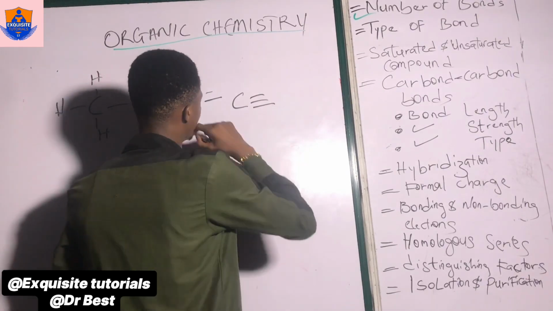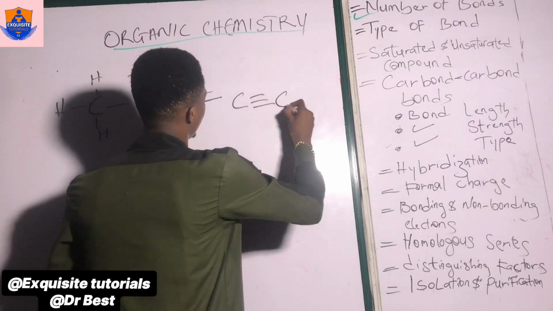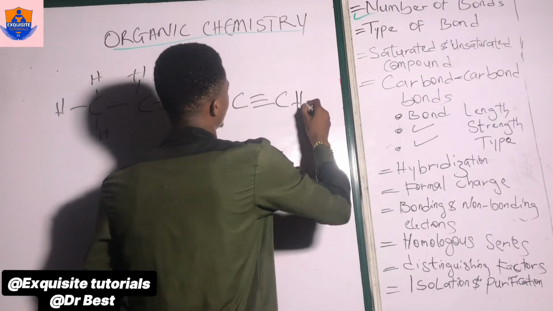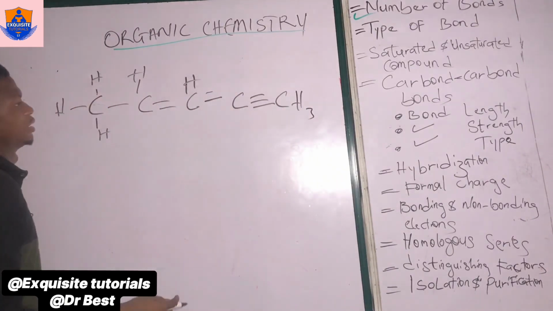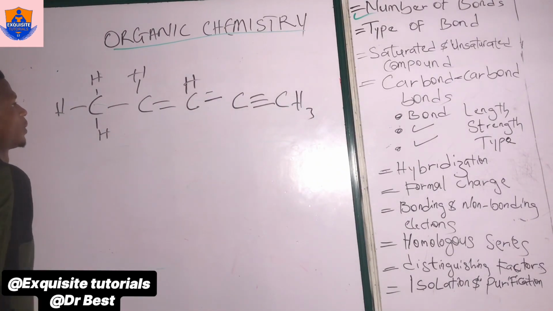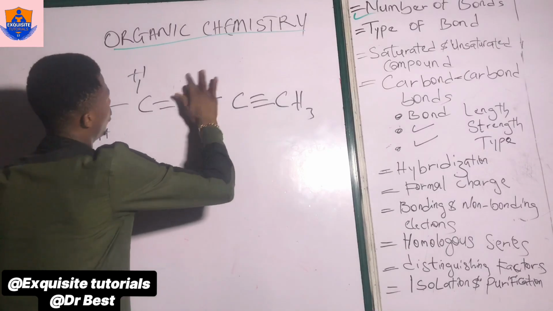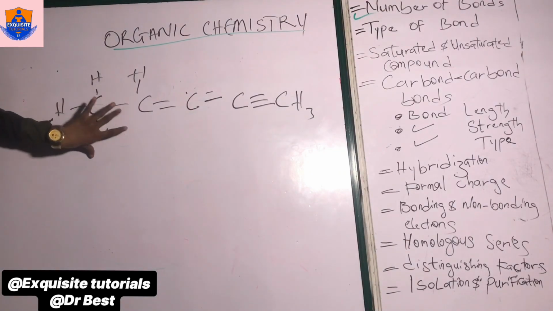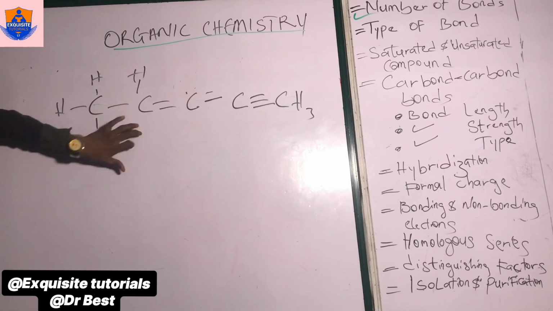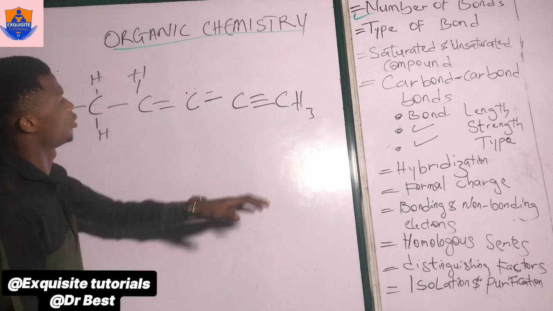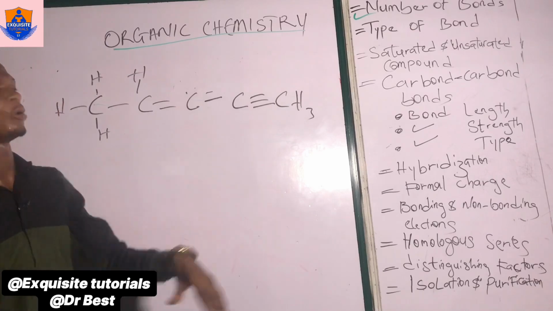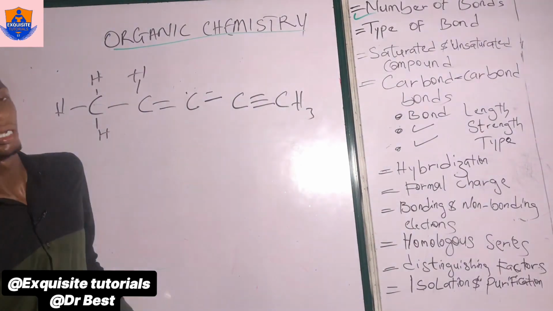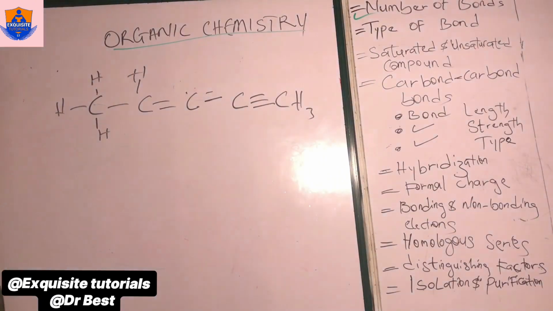Something like this. CH3. What are you going to get? Remember the number of single bonds we have here. Remember the number of double bonds, and remember the number of triple bonds we have here. Drop the numbers in the comment section, and let's see if you get it.